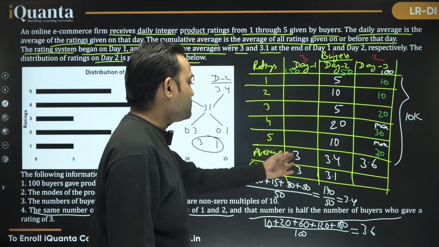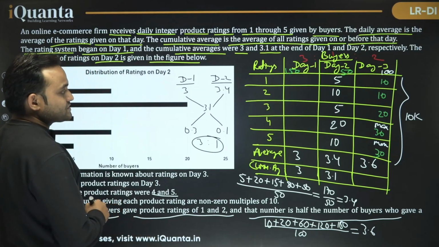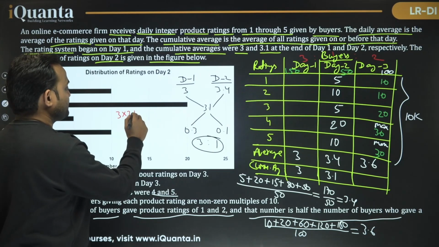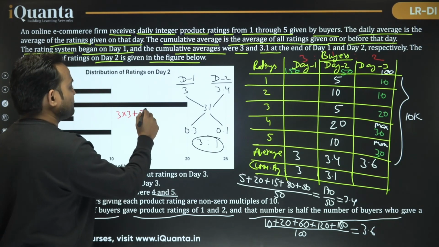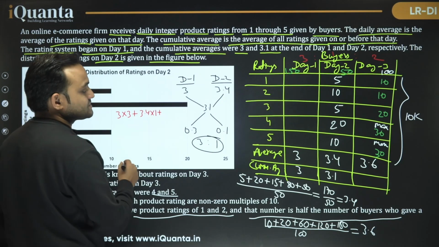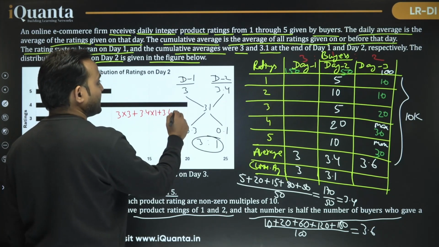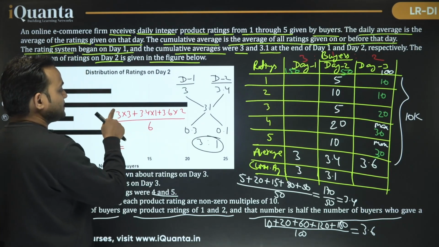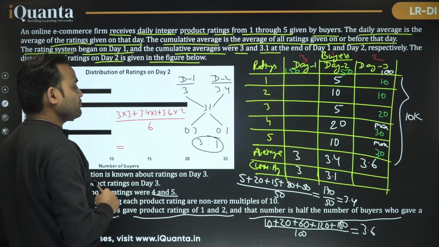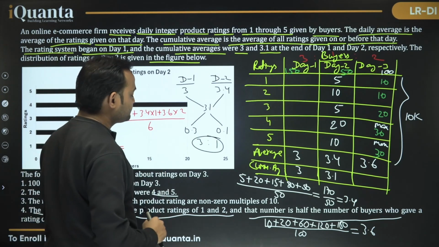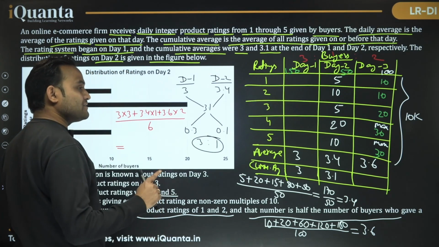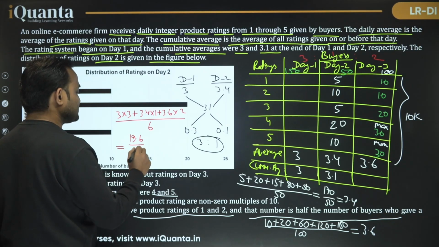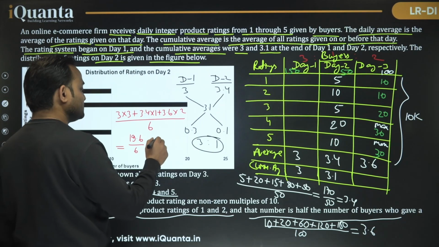Now we can find the average, which is 3 into 3 plus 3.4 into 1 plus 3.6 into 2 divided by 6, which gives us 9 plus 3.4, 12.4, plus 7.2, 19.6, divided by 6.